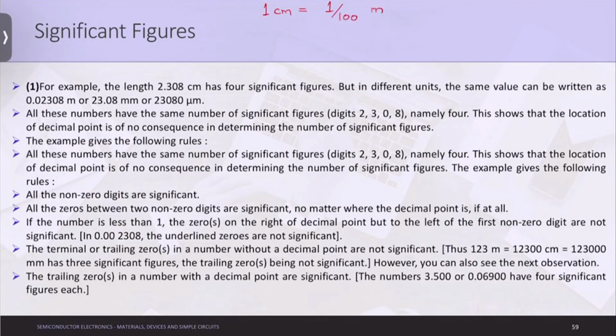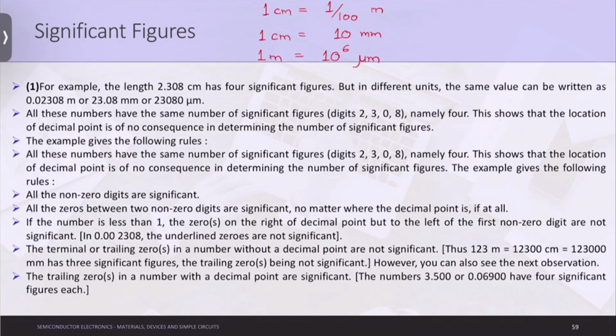Second, 1 centimeter is equal to 10 mm. And as 1 meter is equal to 10 to the power 6 micrometer, you can convert it based upon the explanation or answers here. Fine, this thing is explained.